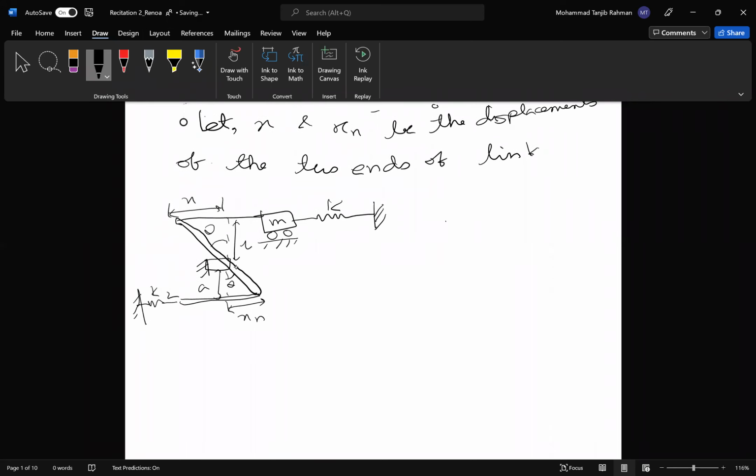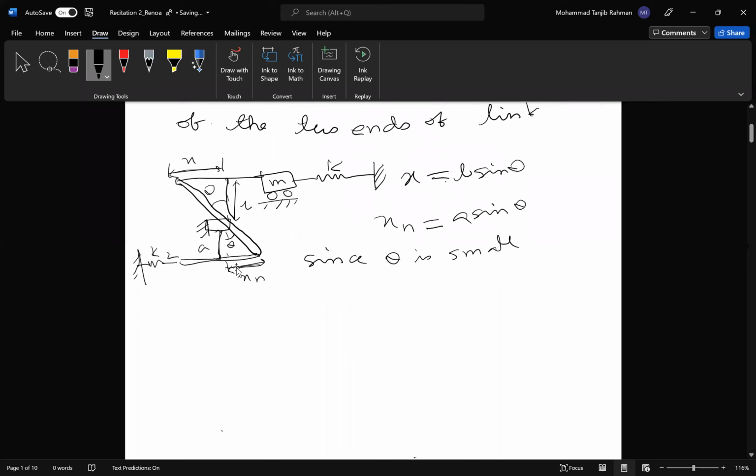So now from the triangle, we can see that X can be said as X equals B sine theta. Similarly, Xn can be written as A sine theta. Since theta is small, we can assume that sine theta is equivalent to theta.